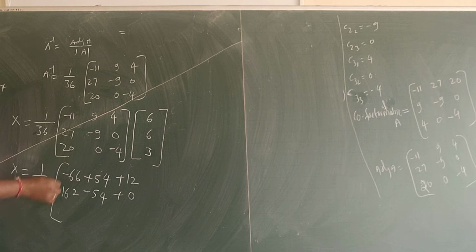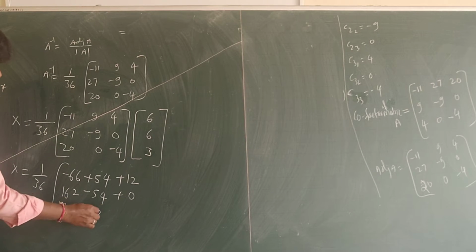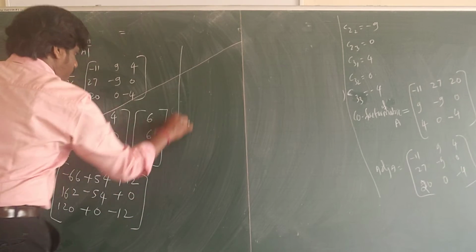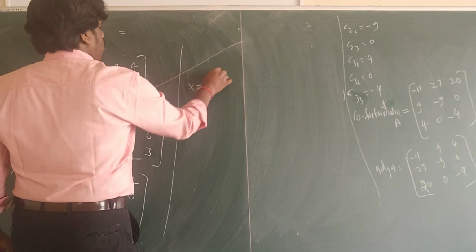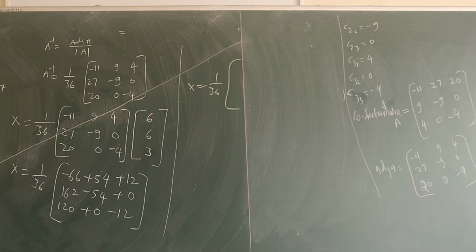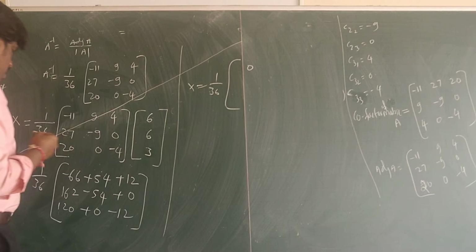Next, 20 sixes are 120, plus 0 minus 12. So here, sir, what you get here, x is equal to 1 by 36. You get 66 minus 66, so 0.